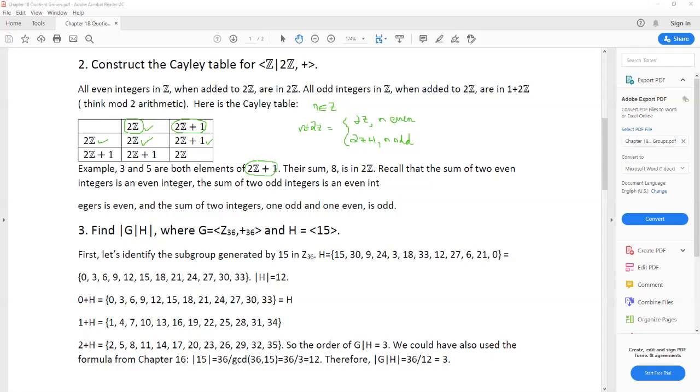If you divide 2 into 5, the remainder is 1. So we would place 3 and 5 in 2Z plus 1. But notice their sum is 8, which is in 2Z. So recall that the sum of two even integers is an even integer, and the sum of two odd integers is an even integer. And of course, if you add one odd and one even, you're going to get an odd result.